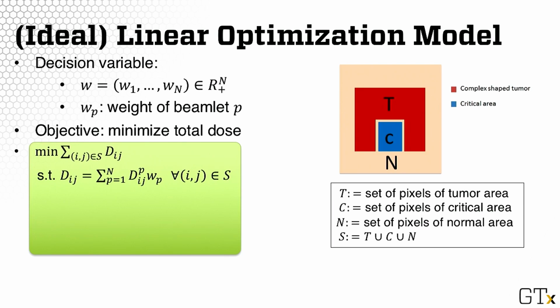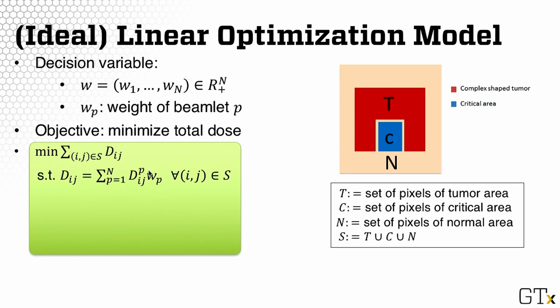And each D_ij is the total dose received by pixel ij, and that is the sum over all the beamlets from 1 to big N, the total number of beamlets we have.